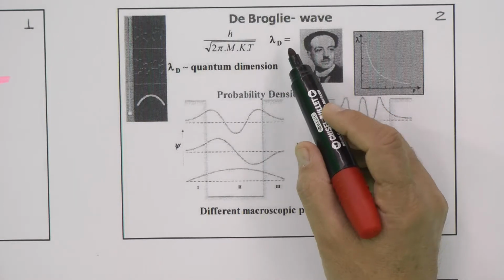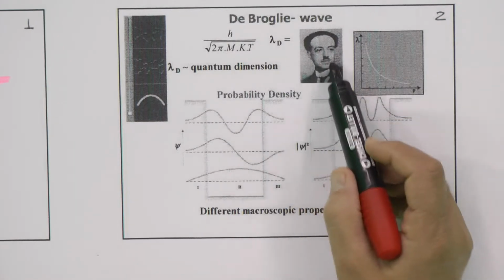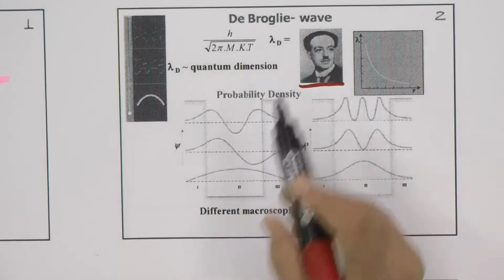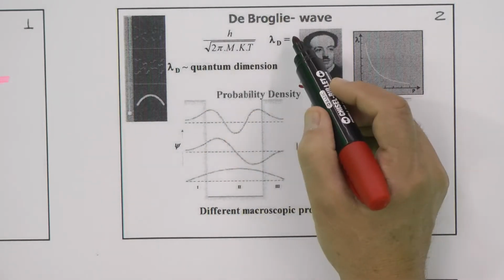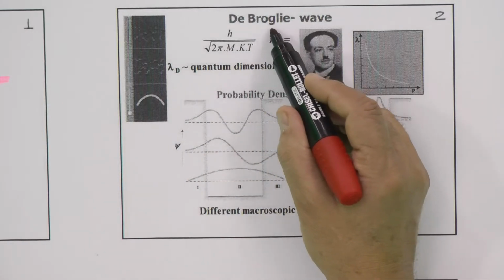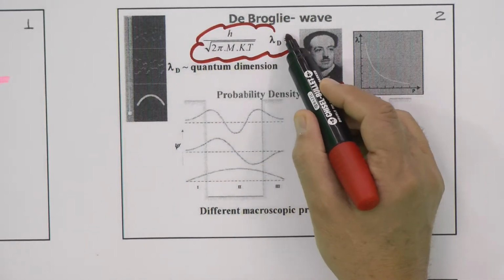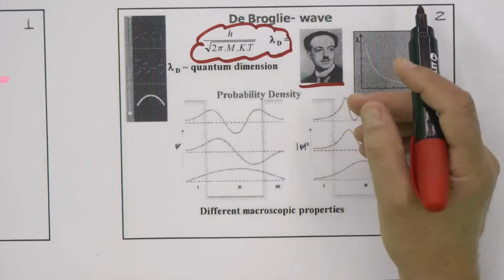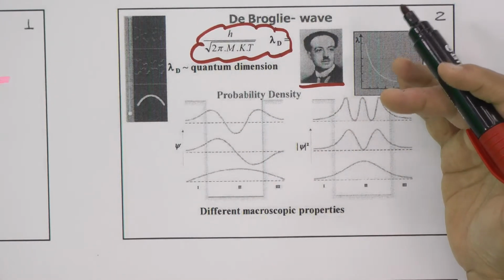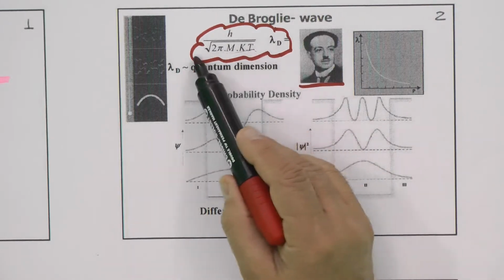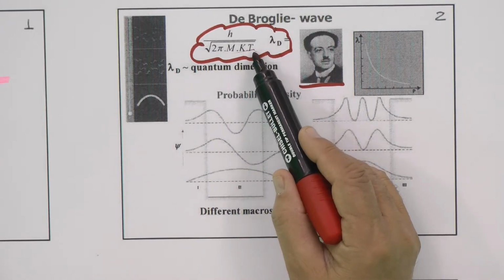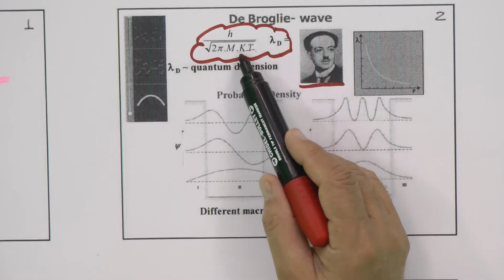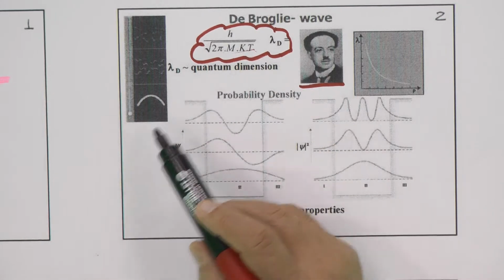And we can relate this to the de Broglie wavelength, still h divided by the momentum, but because of temperature, normally the momentum is given by this. You see, it's the square root of 2 pi m kT. k is the Boltzmann constant.